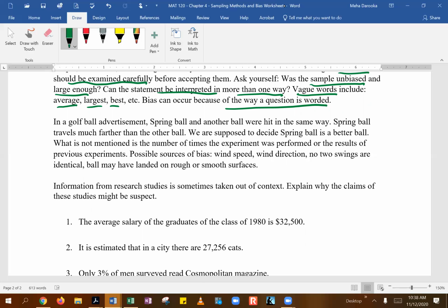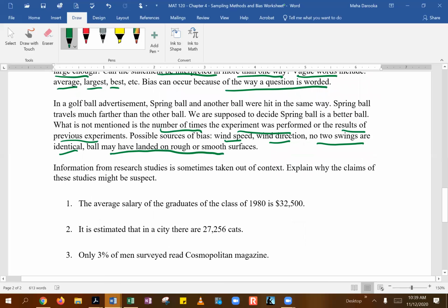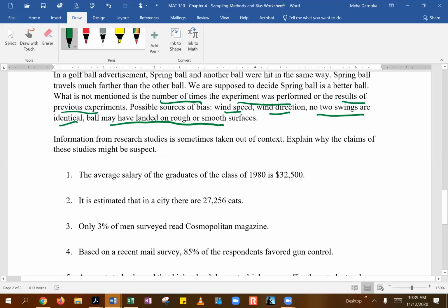What is not mentioned is the number of times the experiment was performed or what the results were of the previous experiments. So possible sources of bias here could be what was the wind speed, the direction of the wind. No two swings are going to be identical. Did the ball land on a smooth or a rough surface? Because all of those are going to affect the performance of the ball.